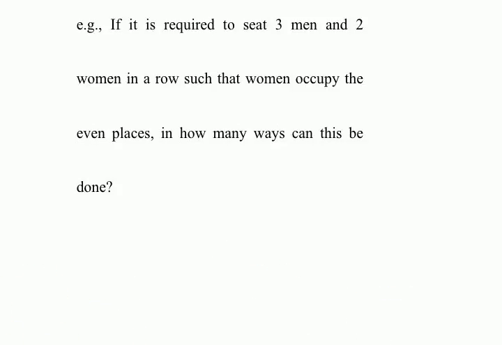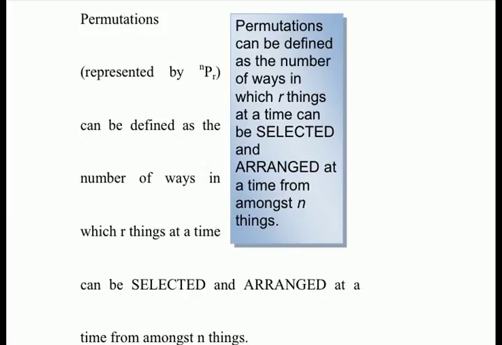A very important concept, and probably the backbone of trying to understand permutations and combinations. Okay, coming over to permutations, let us look at the formal definition of permutations. Permutations can be defined as the number of ways in which R things at a time can be selected and arranged from amongst n things.